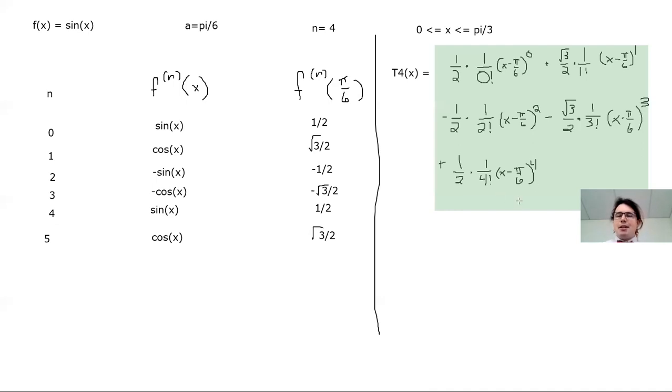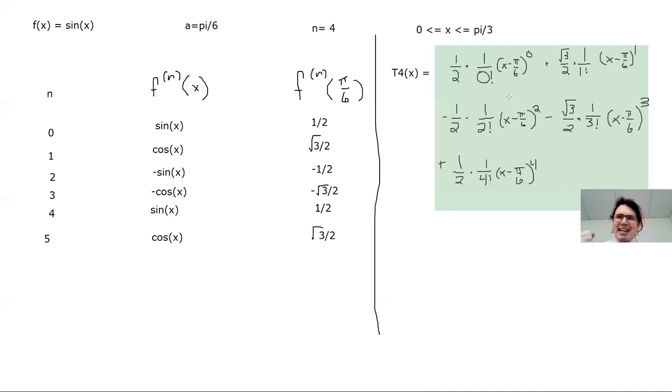The other reason that this is a practical thing to do is that it reminds me that this Taylor polynomial comes from a Taylor series centered at pi over 6. So the best approximation I should see from this formula is when x equals pi over 6.